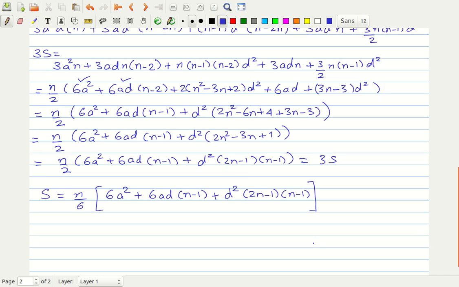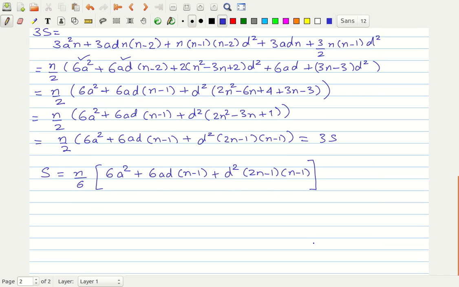Now imagine what happens if our AP is just integers, positive integers. What happens if our AP is natural numbers? In that case our first term is 1, so a is equal to 1.